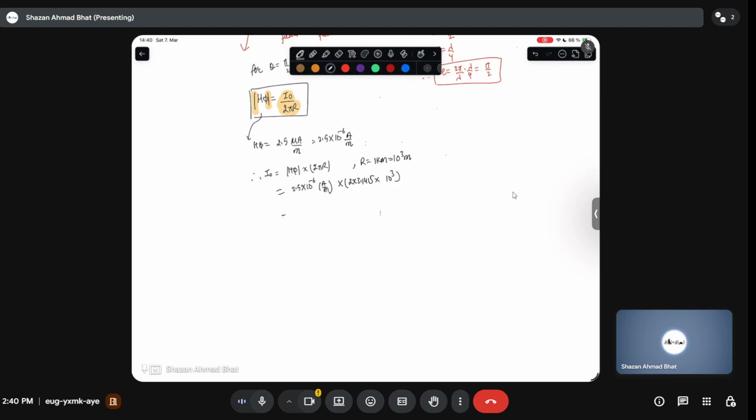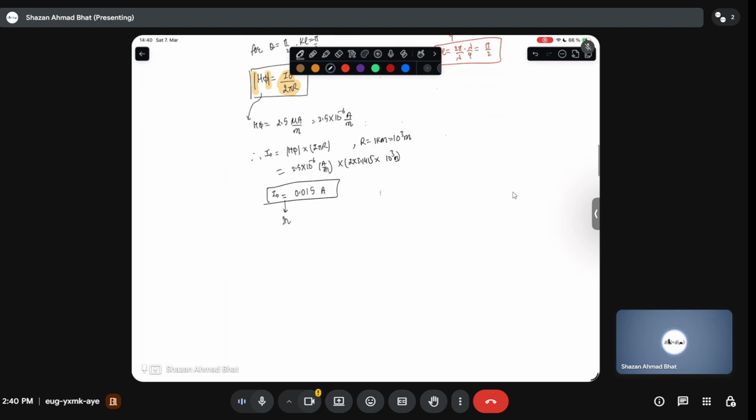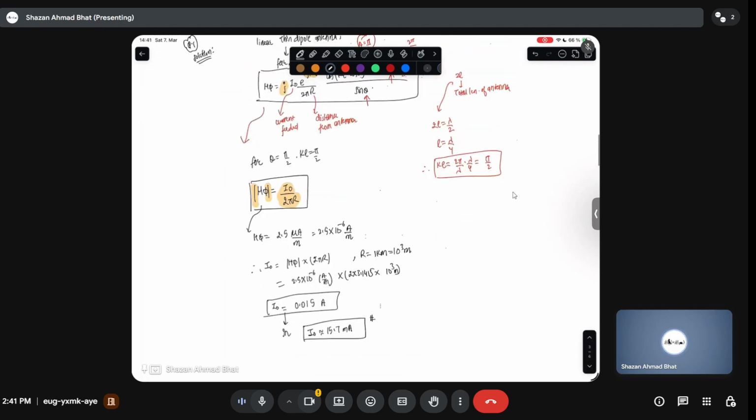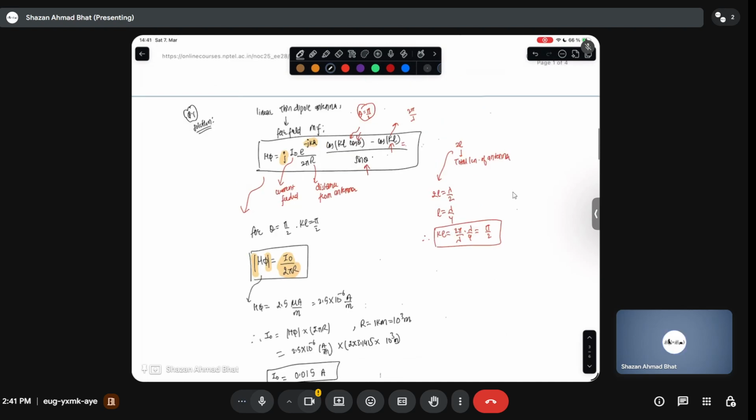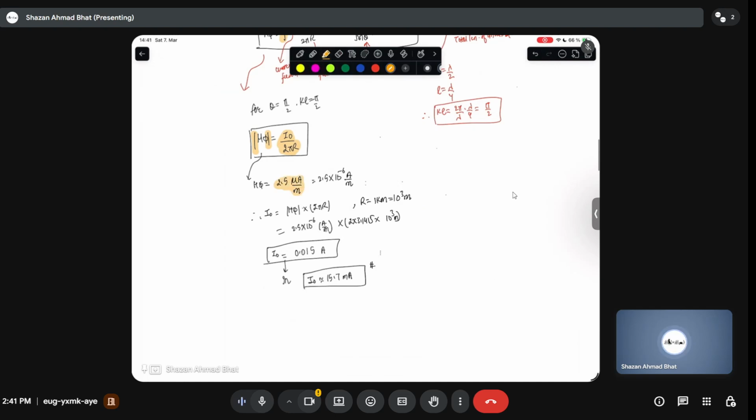The meter will go, and you get a current of approximately 0.015 amps. I guess you have to report in milliamps, so I naught comes out to roughly 15.7 milliamps. So you need 15.7 milliamps of current for this magnetic field to be of this order at a distance of 1 kilometer. And this is the exact answer of the question.